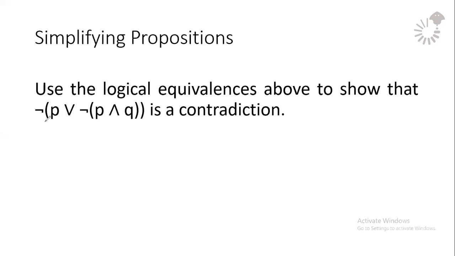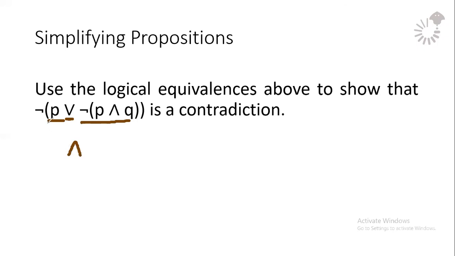Ano ba yung De Morgan's law? If we have statement 1, statement 2, distribute natin yung negative, tapos balik na rin natin yung operation. Can you verify that? Yung statement number 2 ng De Morgan's. So, ito, babalik na rin natin, magiging and.